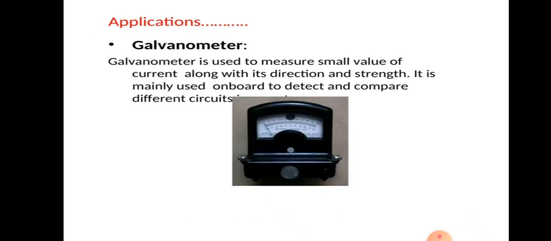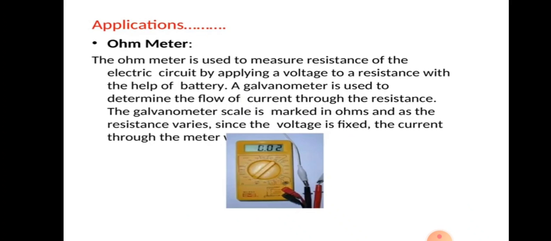Now the third application is the galvanometer. A galvanometer is used to measure a small value of current along with its direction and strength. It is mainly used on board to detect and compare different circuits. The fourth application is the ohmmeter. The ohmmeter is used to measure resistance of an electric circuit by applying voltage to a resistance with the help of a battery.